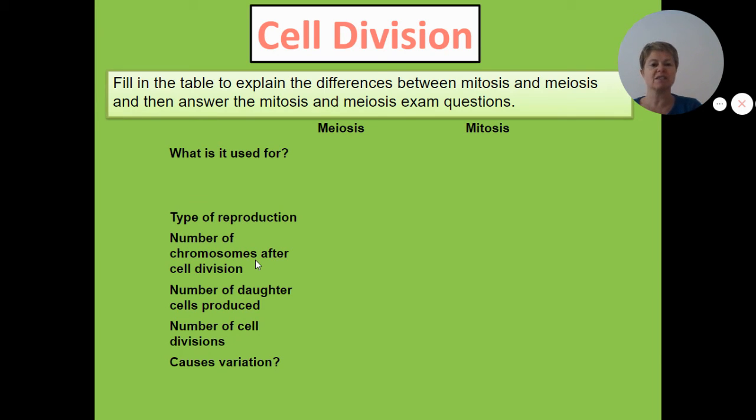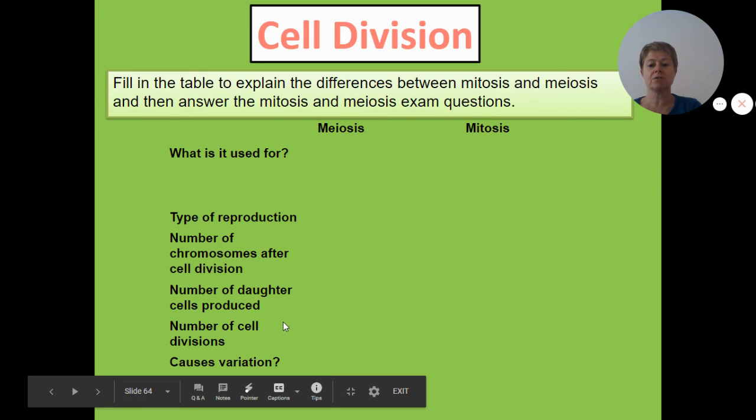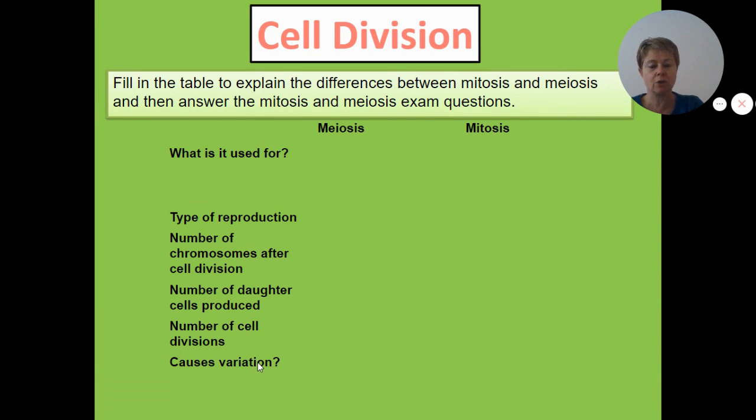In other words, is it the same number as the parent cell or half as many as the parent cell? Number of daughter cells, number of cell divisions, and why do you think it might cause variation? Sorry, does it or doesn't it cause variation in offspring? So do you think offspring will be identical to each other, daughter cells, or will they be different to each other?